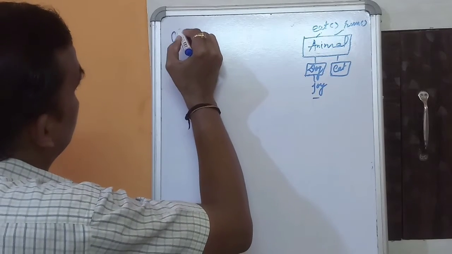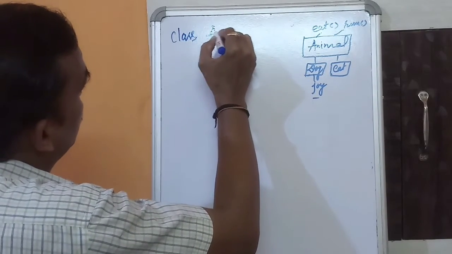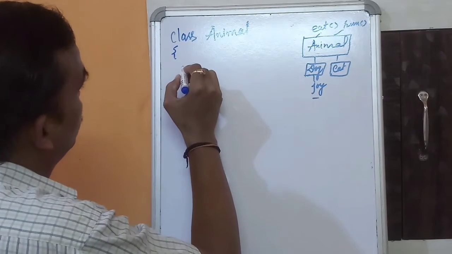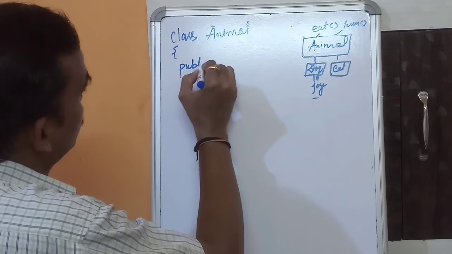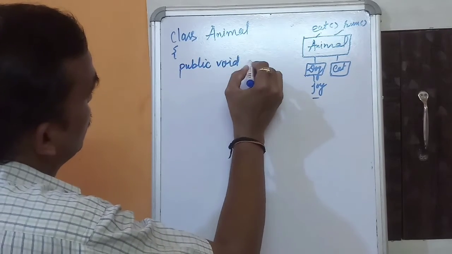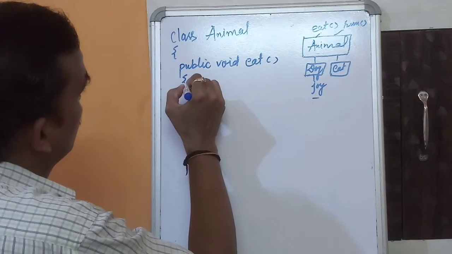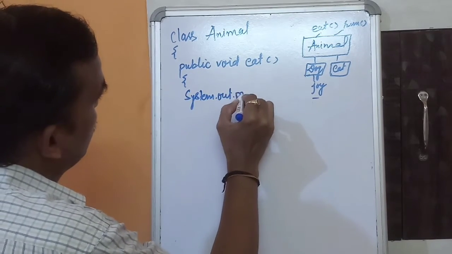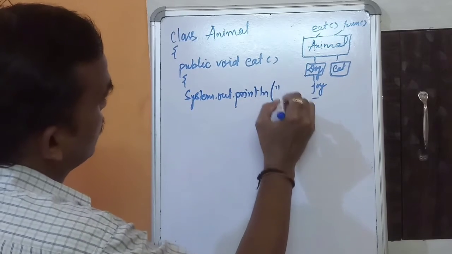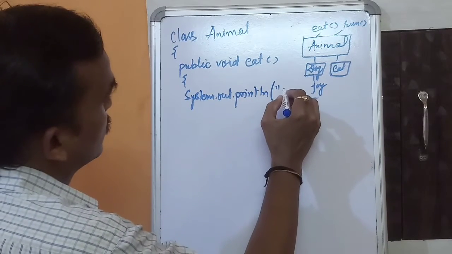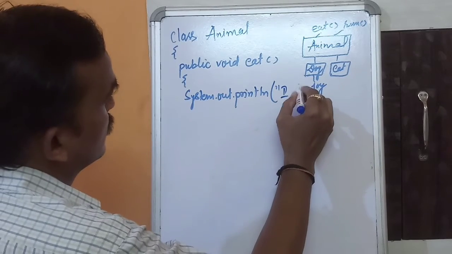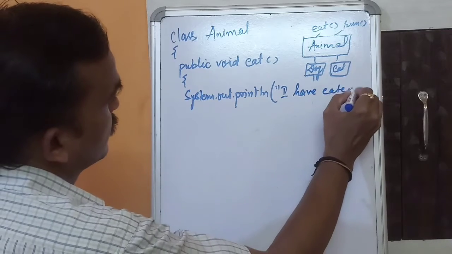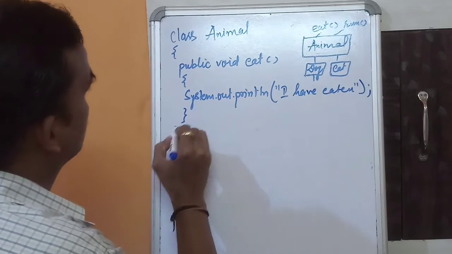So if I am writing class Animal, in that class suppose I am defining one method, that is public void eat. In that I am writing one printing statement, println, suppose I have eaten. Okay, and that method is closed.